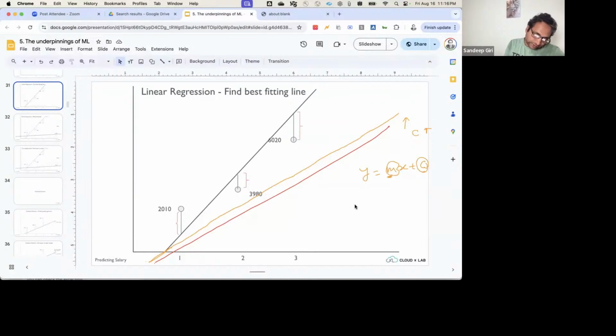For the same slope, we drew another line and then observed, did the error increase or decrease? If the error decreased, based on that we will compute the new value of C, similar to what we did earlier.